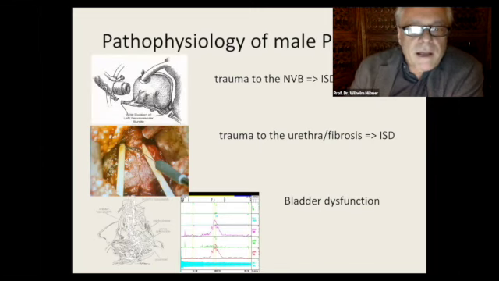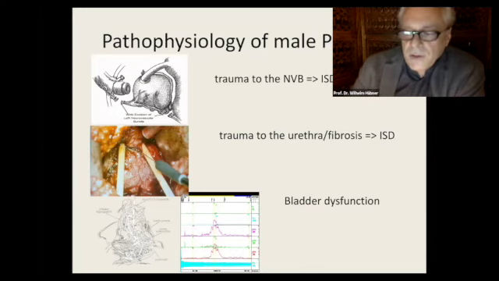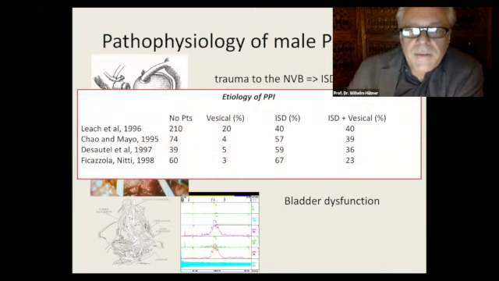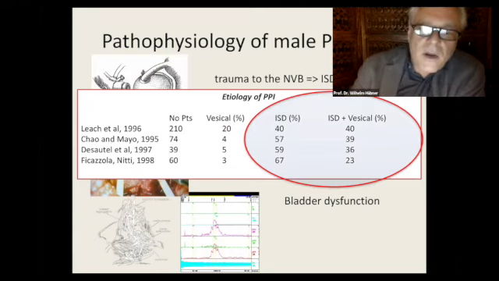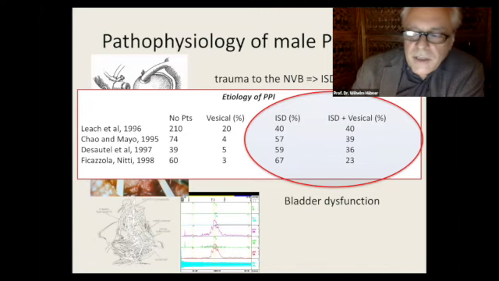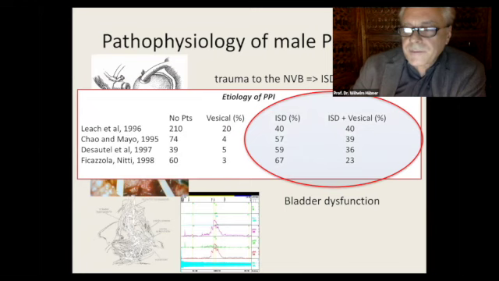And then, last but not least, we have the trauma to the neurovascular bundle, and this should be the main reason in most cases. Now, if we look at the etiology, the bladder probably does not play the big role, but in most cases you will have an ISD alone or in combination with the bladder disturbance.